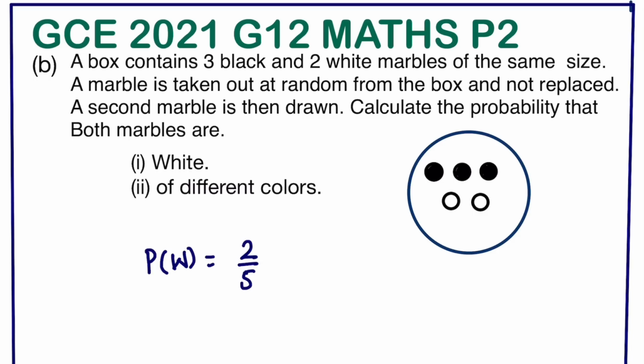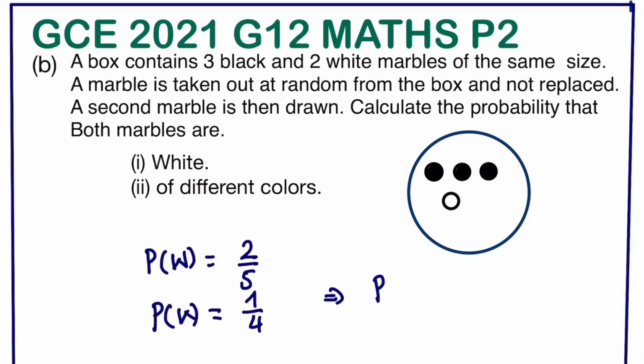If 1 white is taken away, because for our first draw we took out 1 white, and we want to take another draw, the probability of getting a white here will be equal to 1 over 4. So the probability that both marbles are white, we just simply multiply the two probabilities.